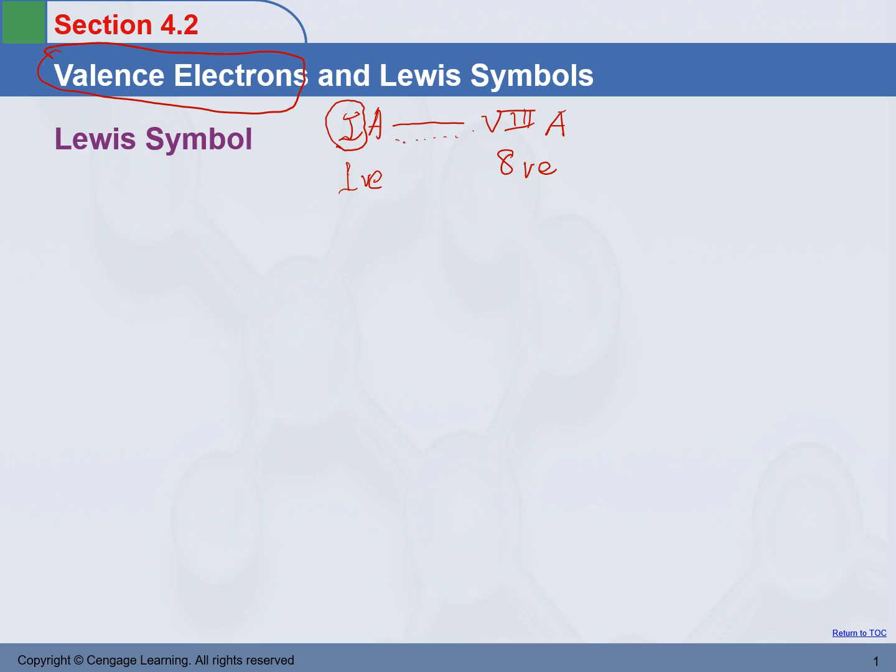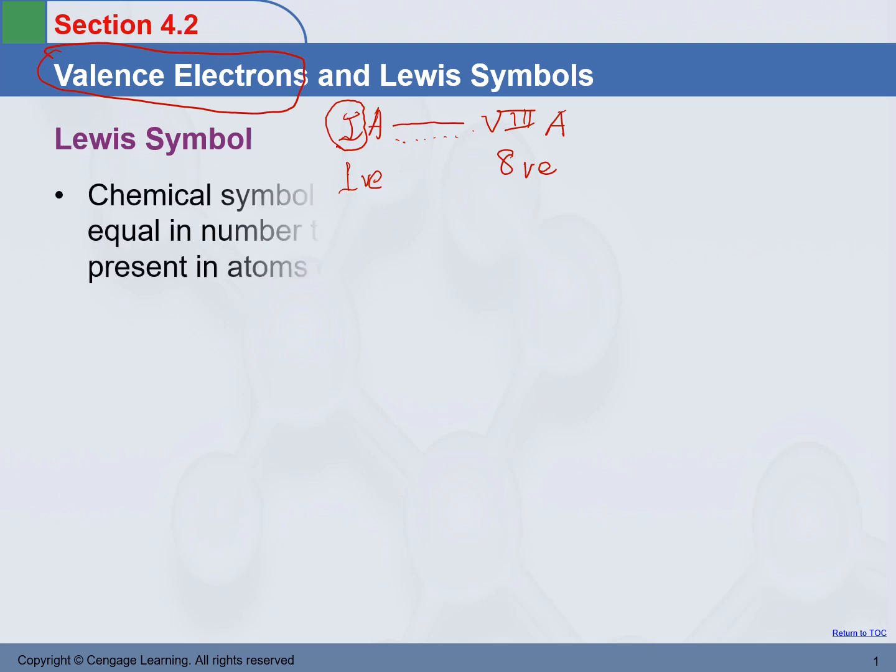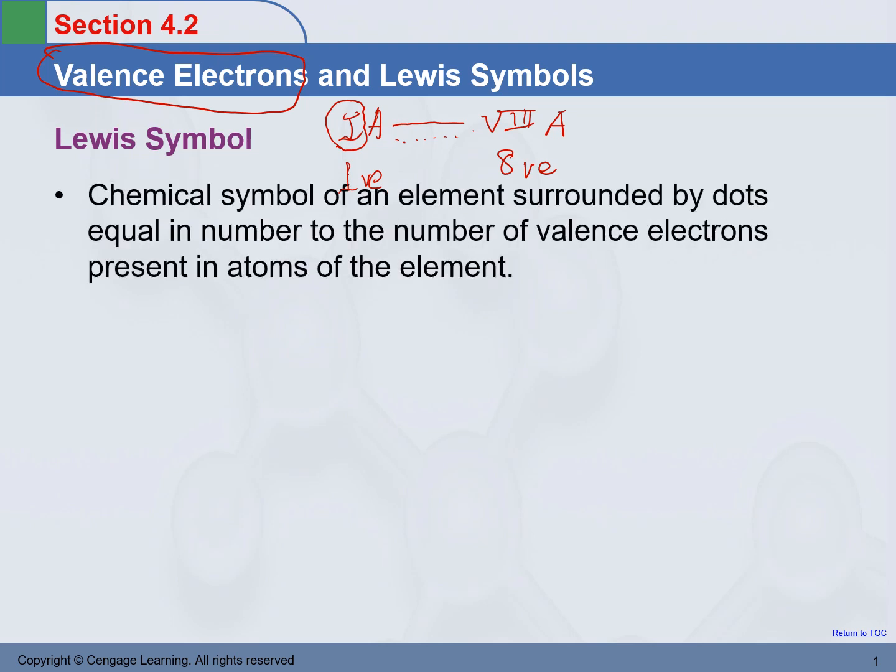Dr. Lewis believed that if valence electrons decide the chemistry of the element, he would like to find a way to represent an element in which the number of valence electrons are shown. So this is the system he developed.